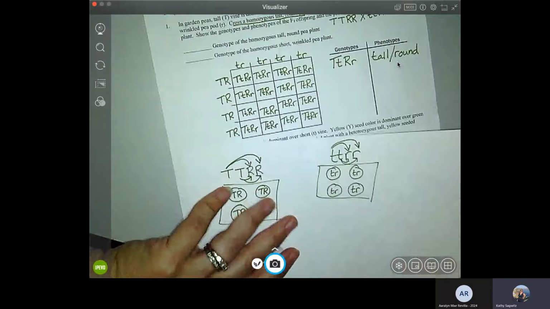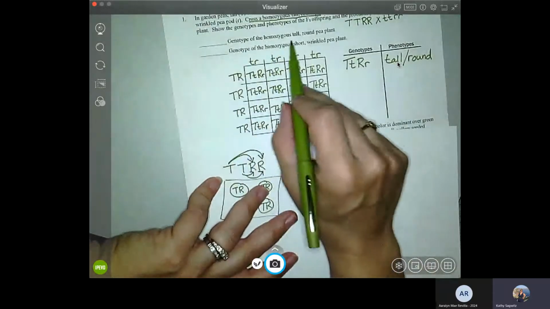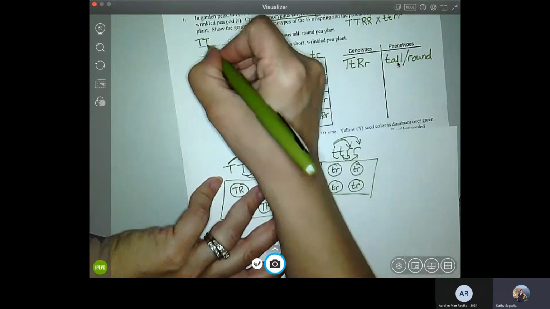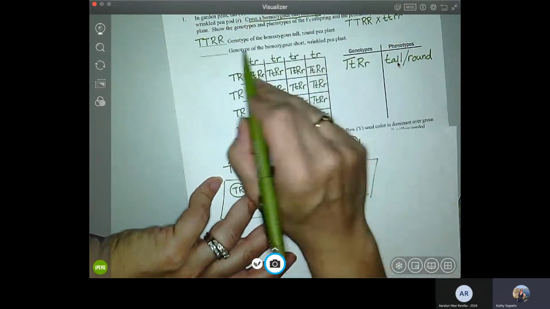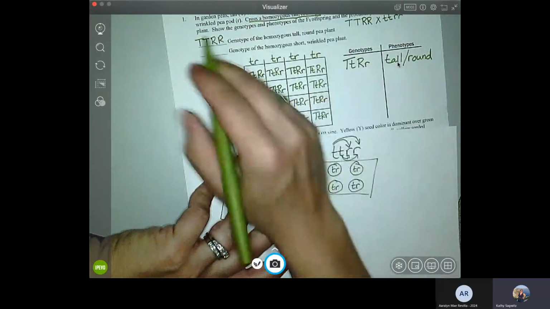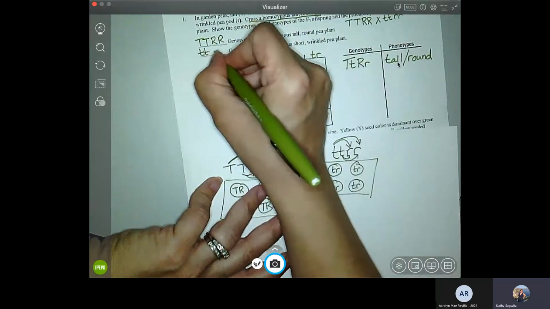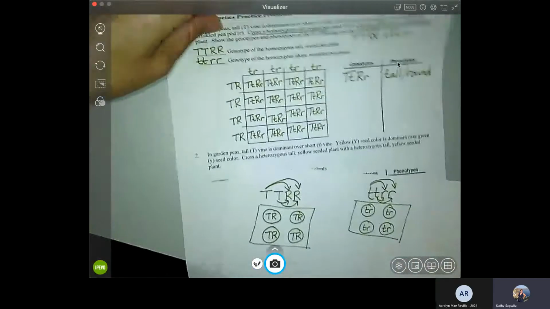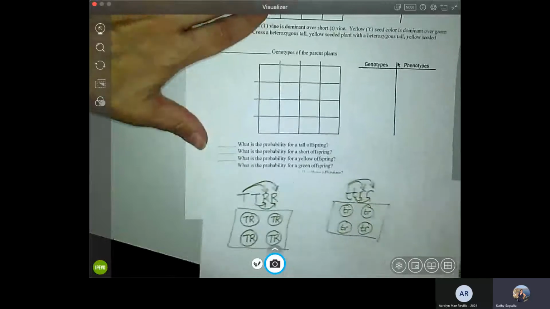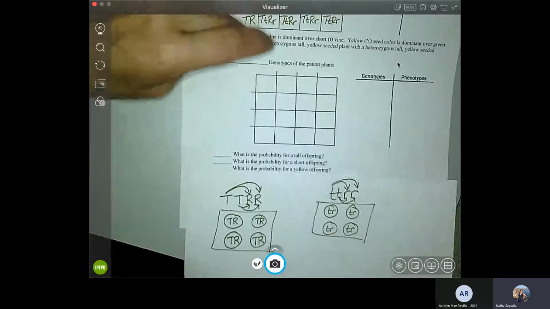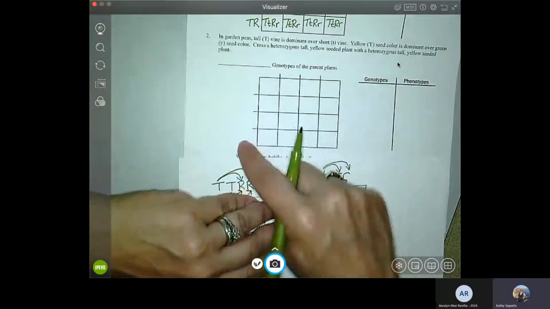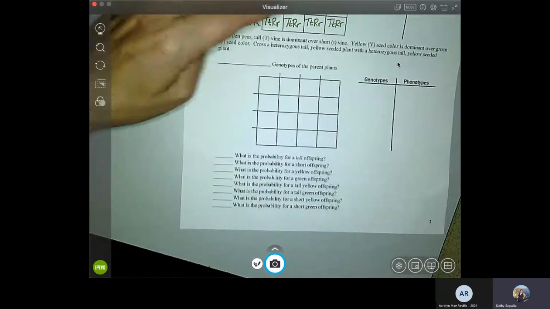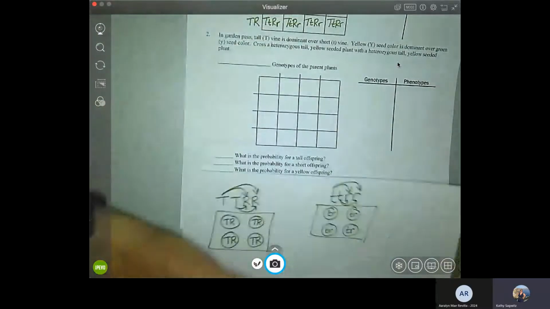Okay? So the genotype of the homozygous tall round pea plant is big T, big R. The genotype of the homozygous short wrinkled pea plant is little t, little r. Now, I will help you figure out what you're going to put across here and down here, but then I want you guys to work these next couple out on your own, okay?